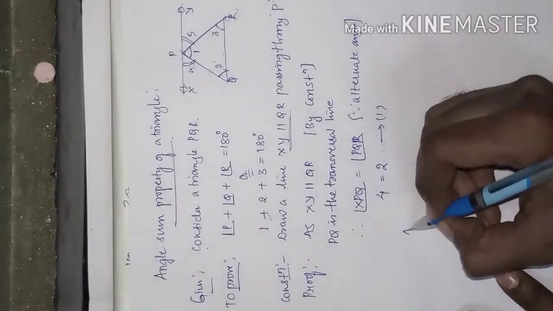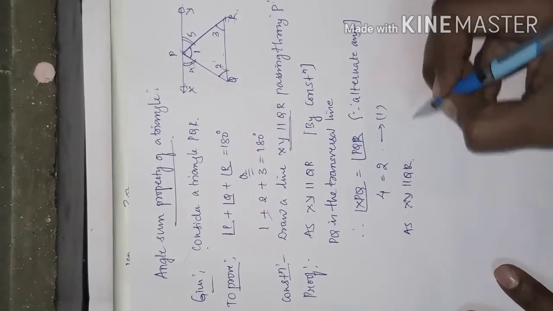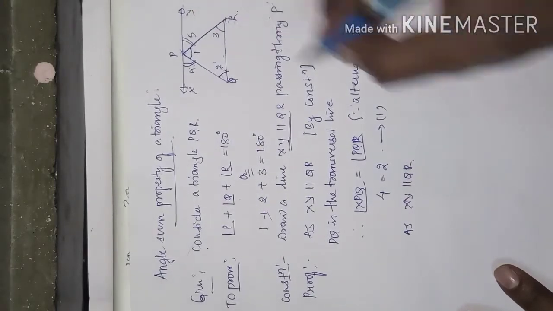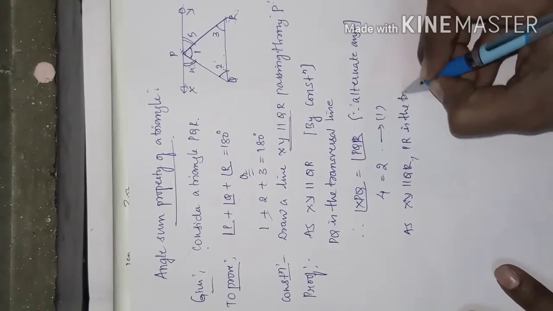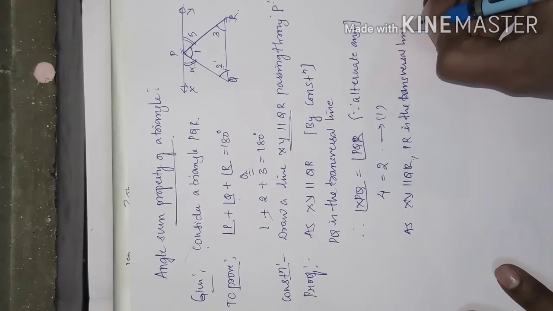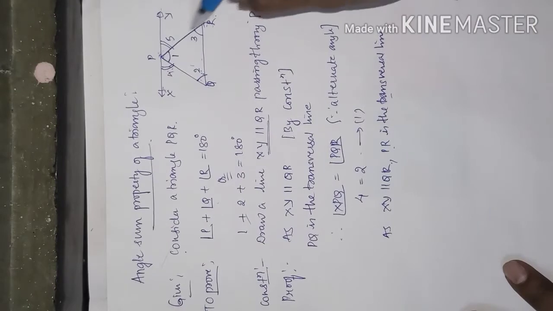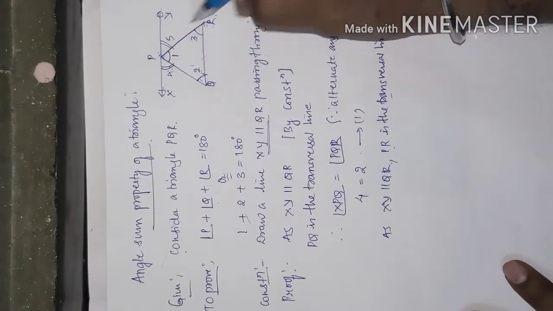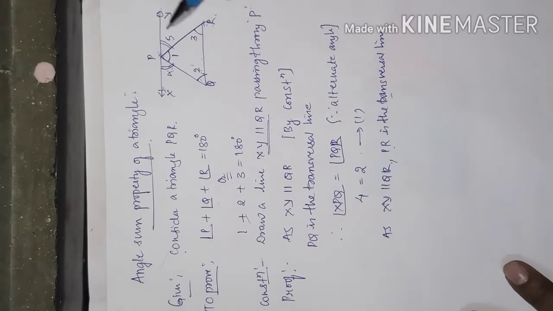Now, in the same manner, XY is parallel to QR and PR is the transversal line. Just see here, XY is this, QR is this, PR is the transversal line. Same concept repeats here.